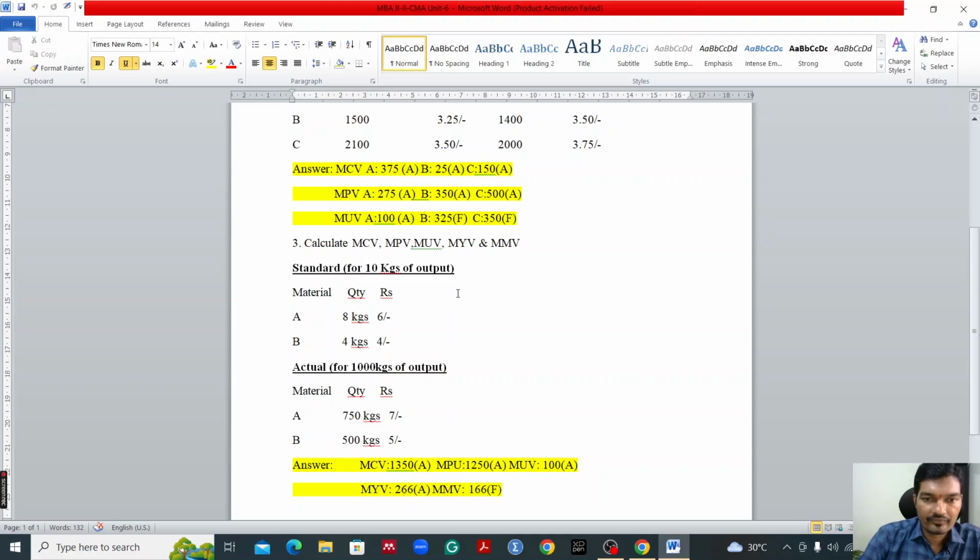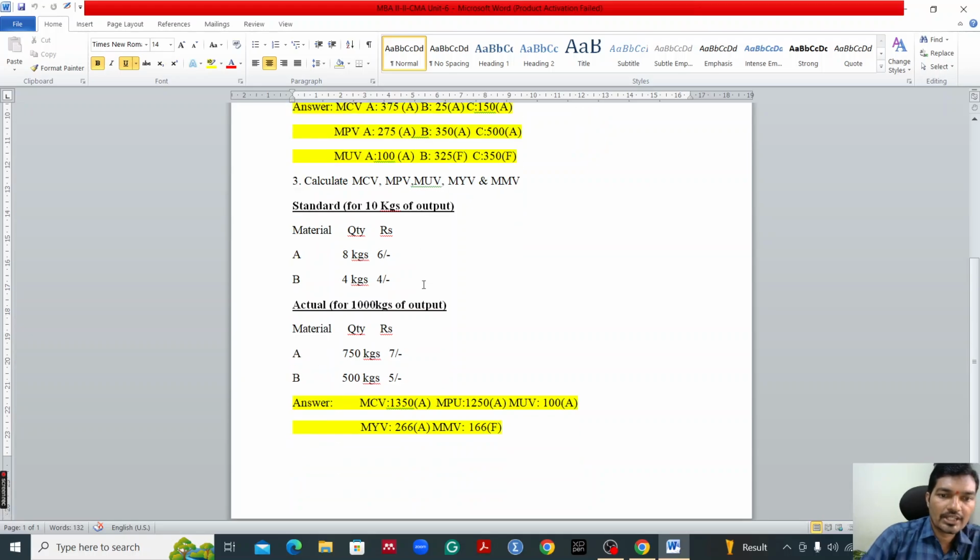Standard information is given for 10 kgs of output for material A and material B. Quantity 4 kgs for material A, and the standard price is 6 rupees. Coming to material B, 4 kgs is the standard quantity, and the standard price is 4 rupees. Similarly, the actual quantity consumed is for 1000 kgs of output. There is a difference between the standard and actual.